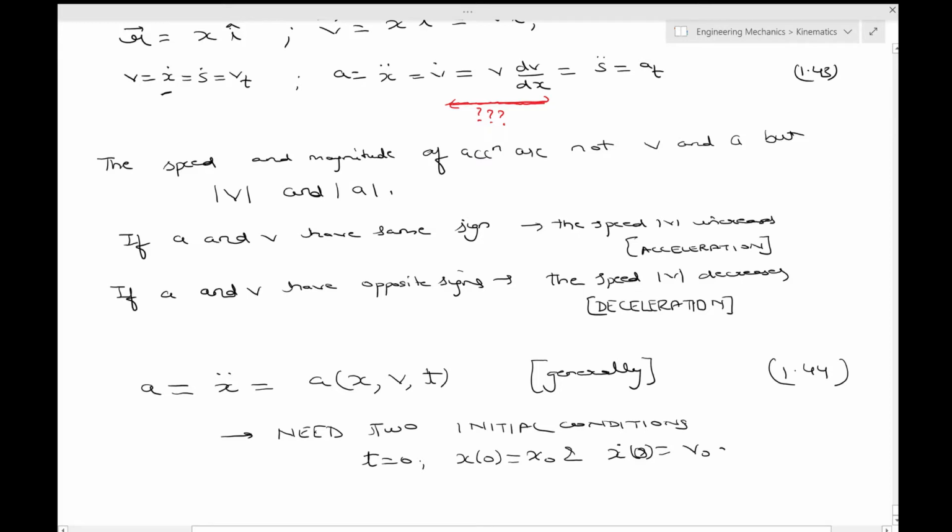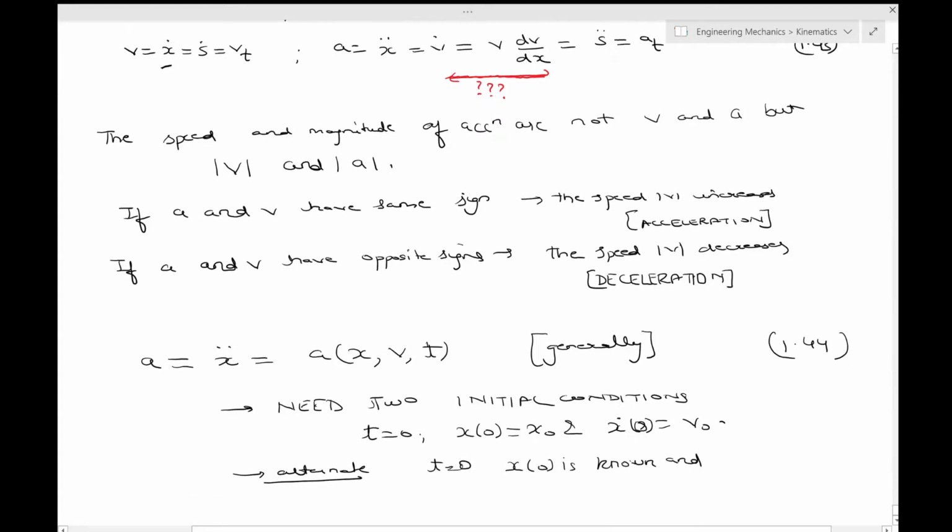It could also be that two initial conditions are not there. But say you have at t equal to 0, x0 is known, and at t equal to t1, x of t1 is known.